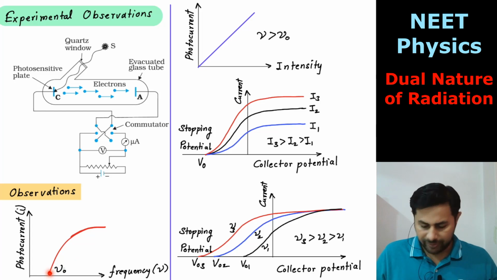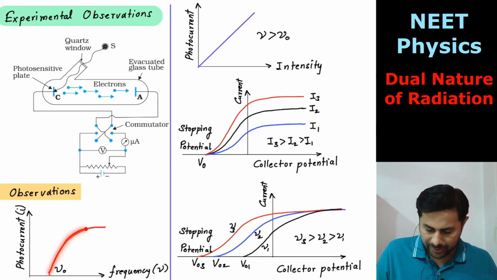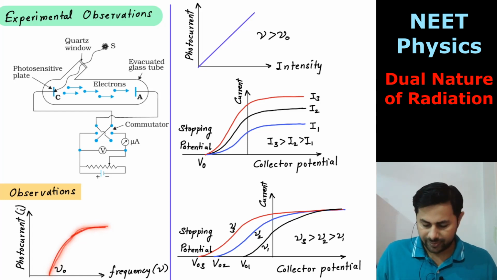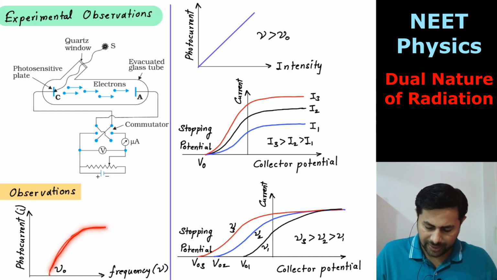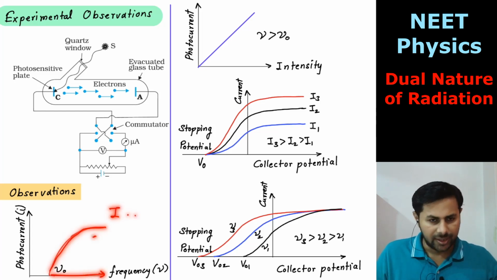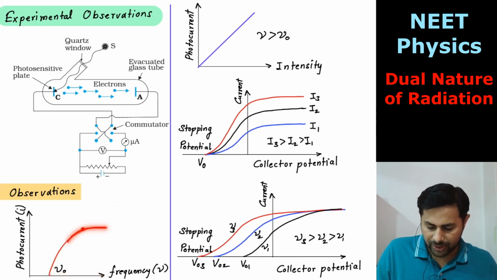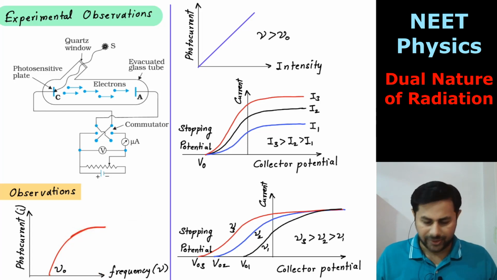After this frequency, the photocurrent gets quickly saturated. Here intensity is kept constant, so as you increase the frequency, there is no change in photocurrent. The photocurrent quickly saturates.